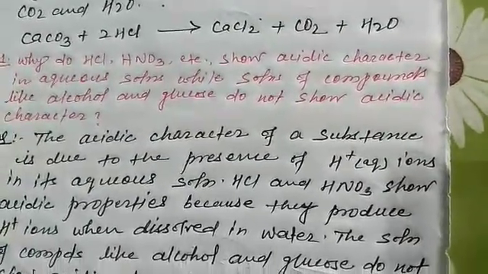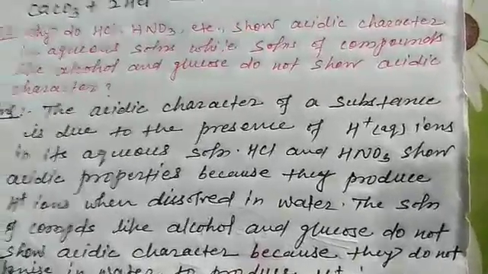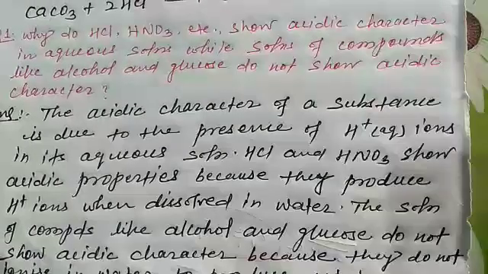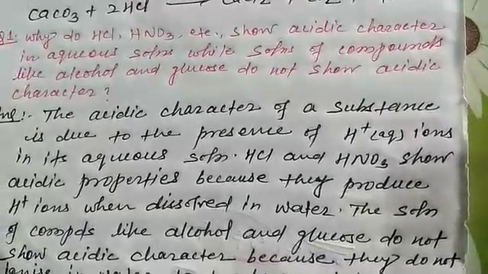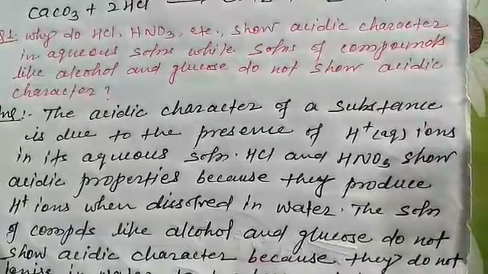Dear students, HCl and HNO3, means hydrochloric acid and nitric acid etc., show acidic character in aqueous solution because they ionize in aqueous solution.